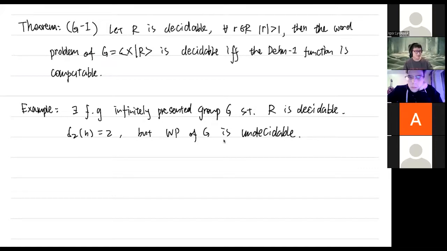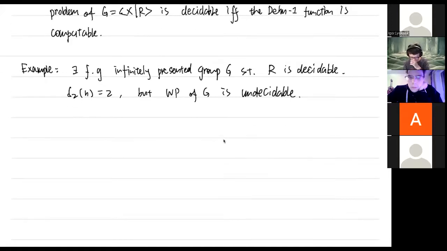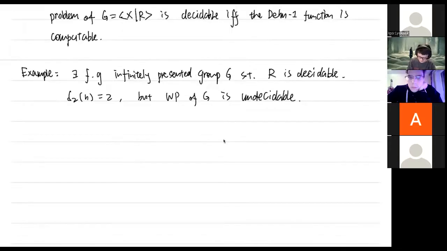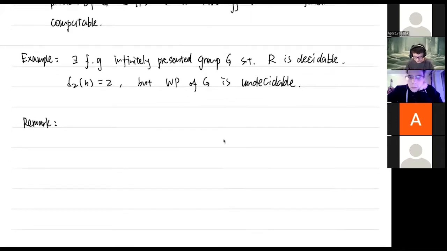Okay, the next. There's one more thing about this notion. The Dehn function actually was introduced before, but in a different type of notion. So let me give you here a remark, which might be extended to the more general case.